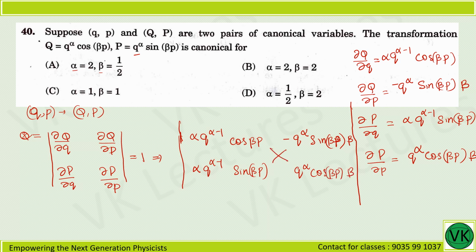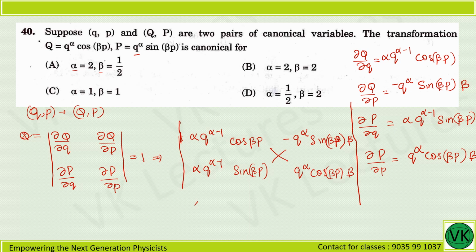So then let's multiply. So alpha q to the power alpha minus 1 into q to the power alpha, so alpha q to the power 2 alpha minus 1 cos square beta p.